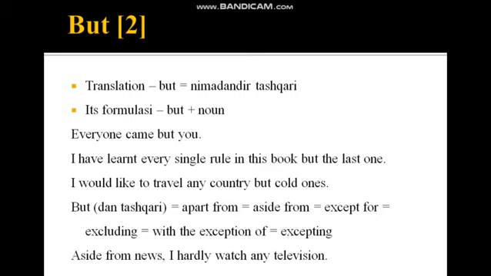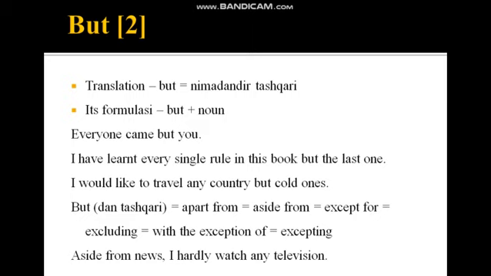For example, everyone came but you. See guys, everyone came, let's imagine the situation that 10 people were invited to a party, but only Jasur, let's say only you, did not come to the party, and we're making a sentence describing the situation.